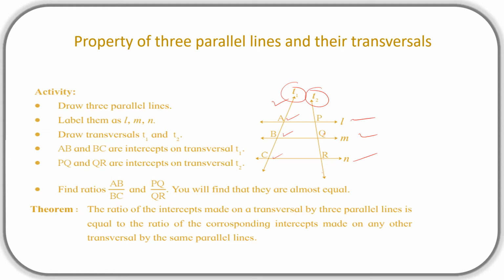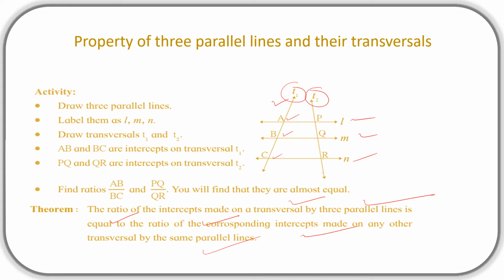have the same ratio. So the theorem says that the ratio of the intercepts made by a transversal on three parallel lines is equal to the ratio of the corresponding intercepts on any other transversal by the same parallel lines.